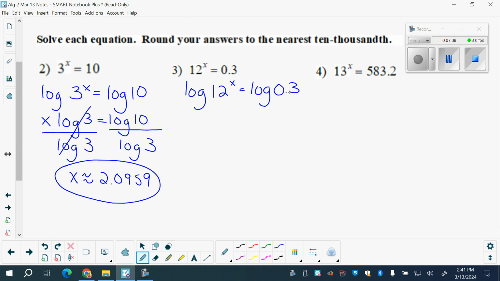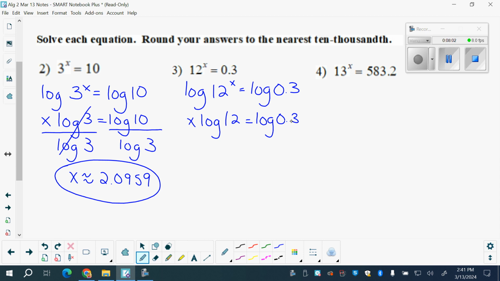And because we want to use our calculator, that's why we're using a log base 10. And then what's our next step? Yes. So we move this x in front of the log. That's one of our log properties. So x log 12 equals log of 0.3.